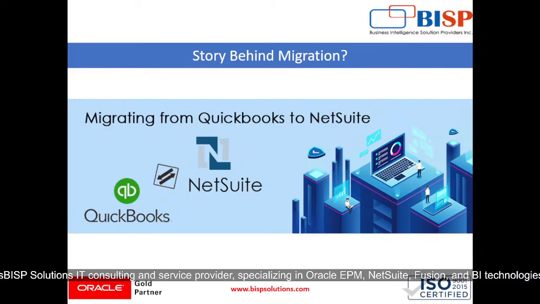So by moving to NetSuite, we get a unified system that integrates various functions like finance, sales and supply chain, which eliminates the need for disparate systems and manual processes. Also, it provides us advanced reporting and analytics, where NetSuite offers us powerful reporting tools that allow for real-time insights into our business performance. Migrating our data ensures that we can take full advantage of these features.